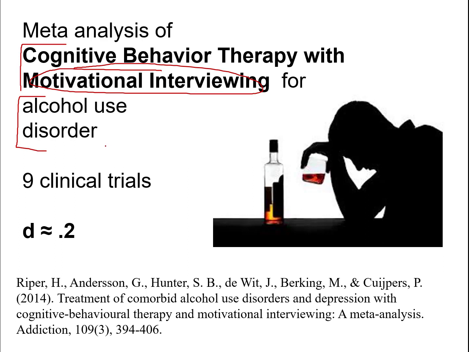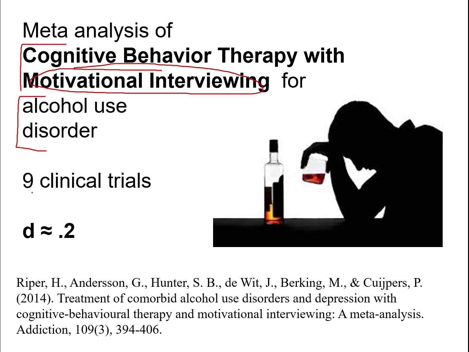The therapist would encourage the client to consider both the advantages and the disadvantages of making a change. The therapist would show understanding when the client talks about reasons for not wanting to change, and would follow up with interest when a client mentions a possible reason why they might want to change. So that would be motivational interviewing for treating alcohol use disorder.